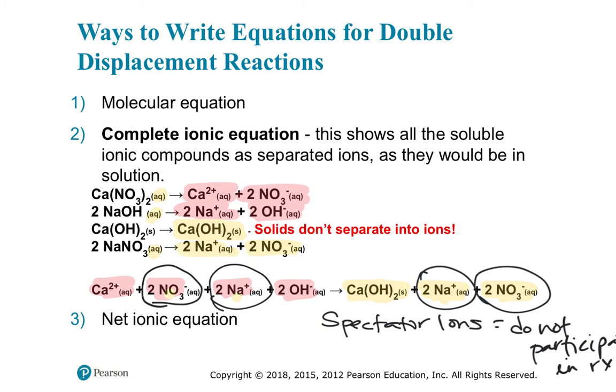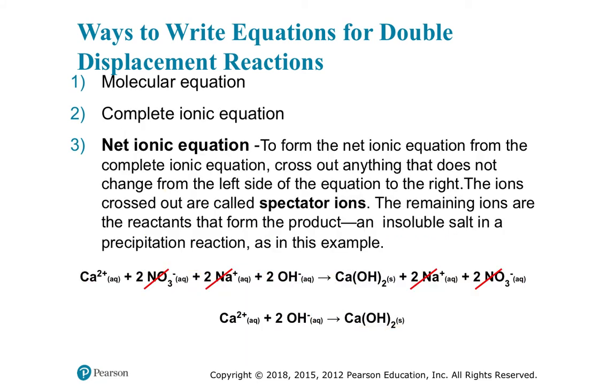If the spectator ions are removed, only the essential reaction remains, and that is called the net ionic equation. So a net ionic equation is where you are crossing out anything that doesn't change from the left side of the equation to the right side of the equation.